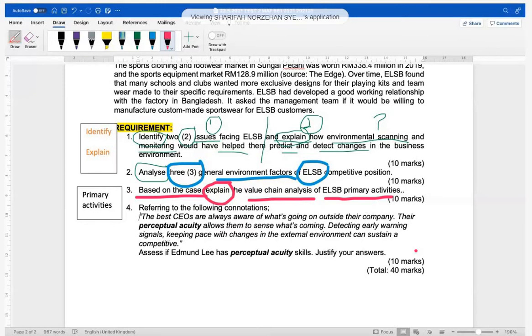So this is how it is. This is similar to your final exam, basically, because all are case studies, and whatever answer you give must be related to that particular case.